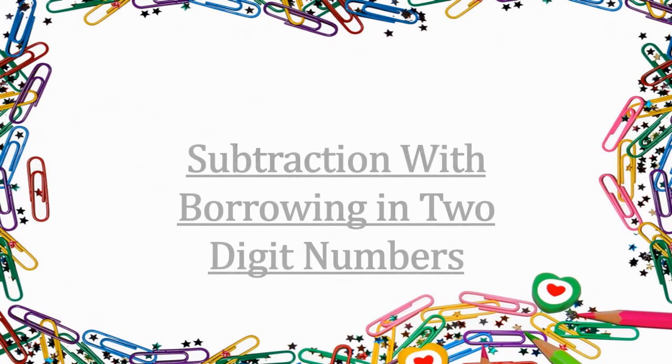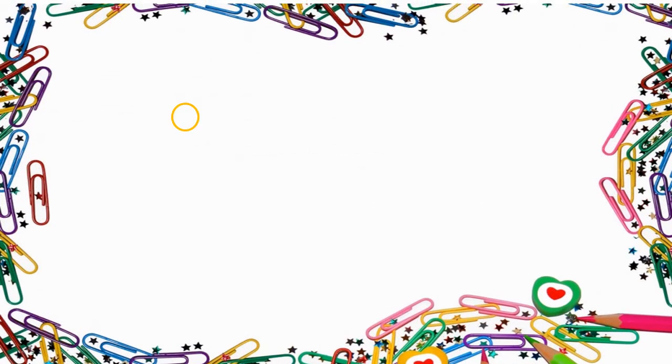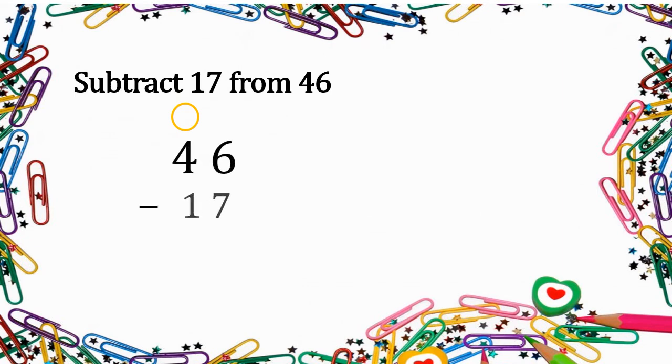Subtraction with borrowing in two-digit numbers. Subtract 17 from 46. 46 minus 17 is equal to... As 6 is smaller than 7, we will borrow one from neighbor 4, so it will become 3.